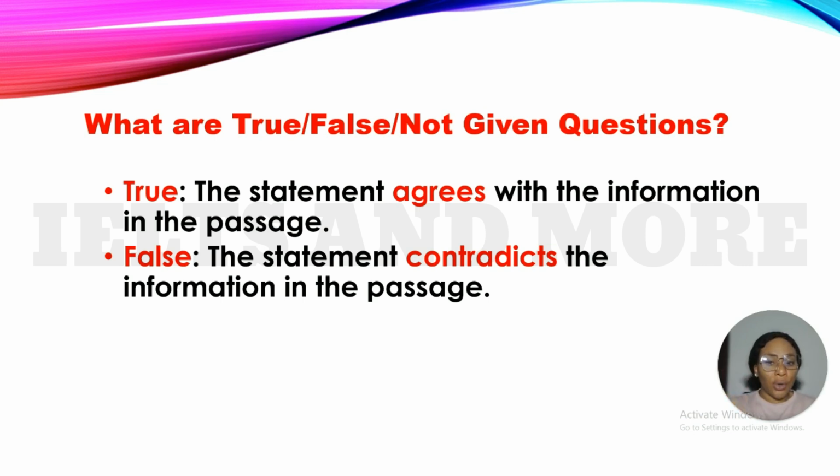Okay, so false means that there is a statement in the passage that is very related to what is in the question, but the problem is it's contradictory. For example, all the cars parked in this compound belong to Abel. That's the statement in the question. But the passage says some of these cars belong to Abel, while others belong to his brother.